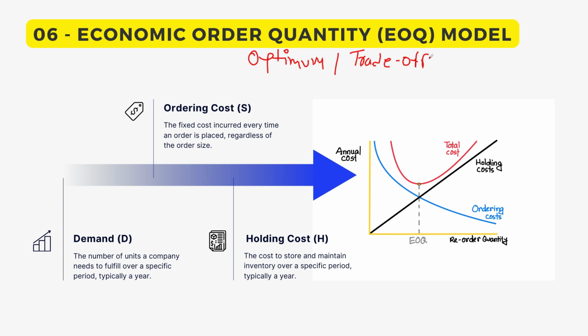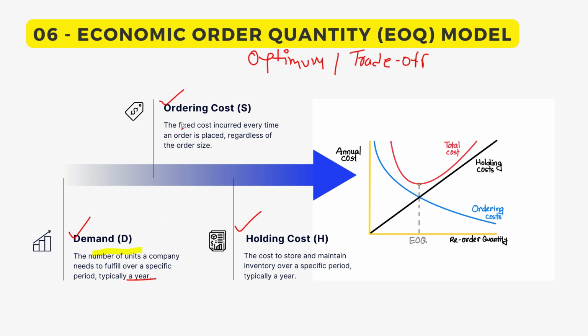The key components of economic order quantity, or EOQ, are demand, ordering cost, and holding cost. Demand is the number of units a company needs to fulfill over a specific period of time. It's typically a year.